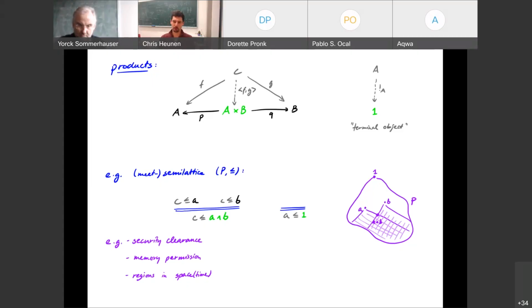So in the purple picture on the right here, if you think of this as a Hasse diagram of the partially ordered set P, then 1 is at the very top, everything is below 1. And whenever I have two points A and B, you can look at all the things below both A and B. There's a third thing, A meet B, such that the overlap between the downsets of A and B is exactly the downset of A meet B.